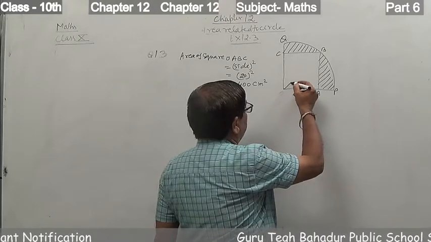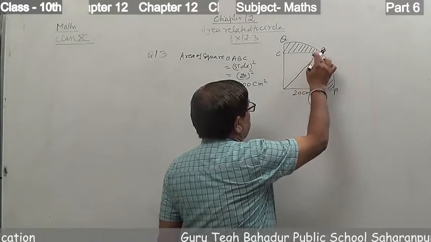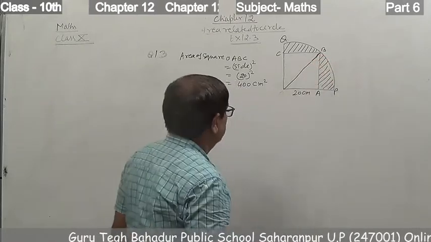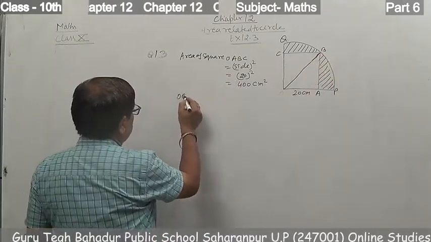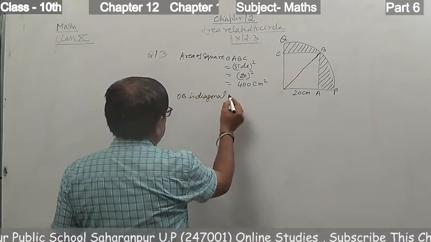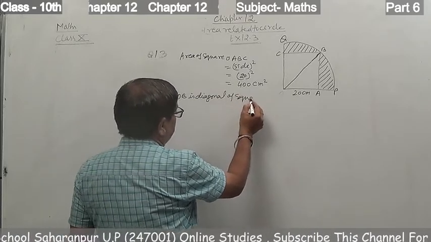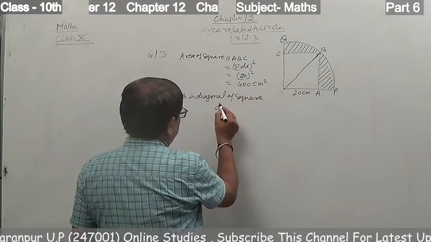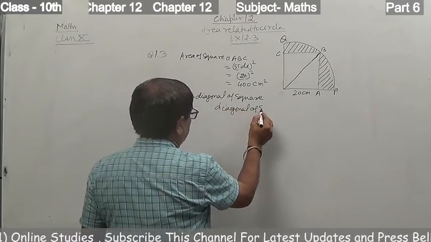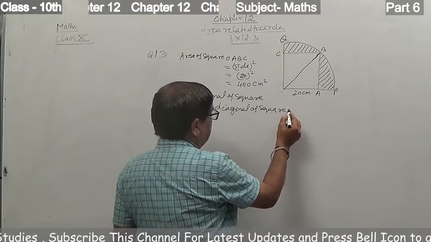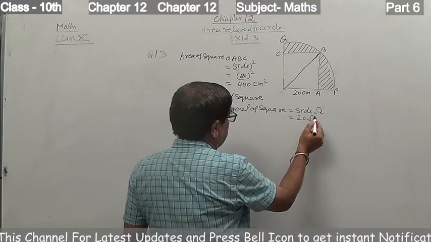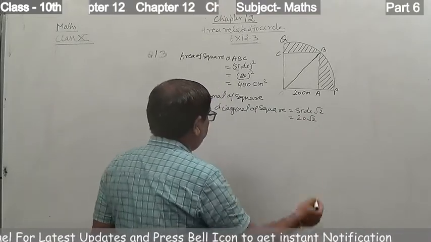So, this is the diagonal of a square. OB is diagonal of square. Diagonal of a square is side root 2. Side is 20, so 20 root 2 centimeter.